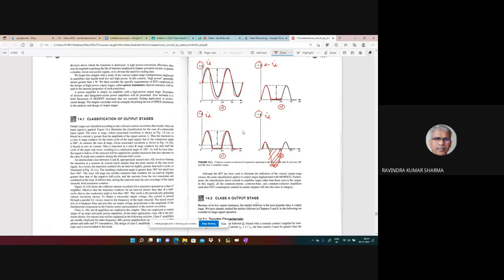Now, these are the four classes. Class A, Class B, Class AB amplifier, and Class C amplifier. करेक्ट.